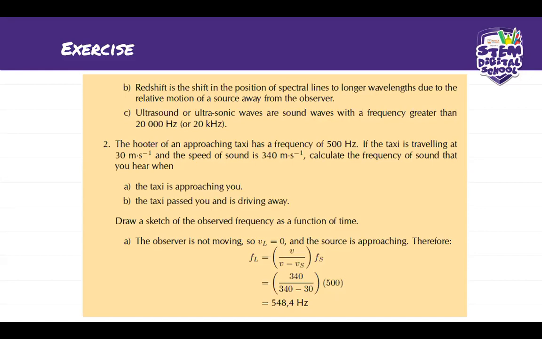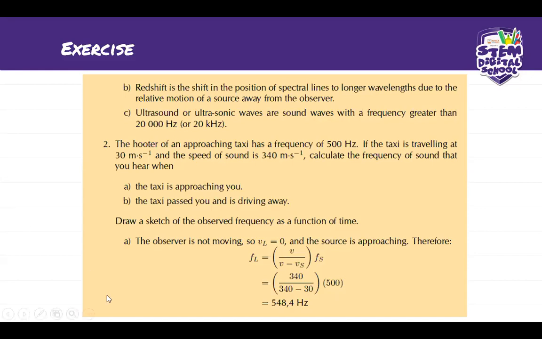So it's going to be the frequency of the listener equals, in open bracket, the velocity, the speed of sound, divided by... why is it we only have the speed of sound? What happened to the speed of the listener? The speed of the listener is equal to zero, so it doesn't count in this equation. So it's going to be v over v minus 30, which is what has been given to us as the velocity of the source.